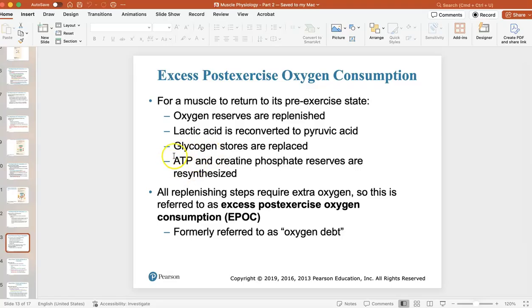And then, again, we're just going to make ATP and we're going to replenish our creatine phosphate stores so that once we exercise again, we have that readily available. It used to be called repaying the oxygen debt, but the current term is called excess post-exercise oxygen consumption, or EPOC.